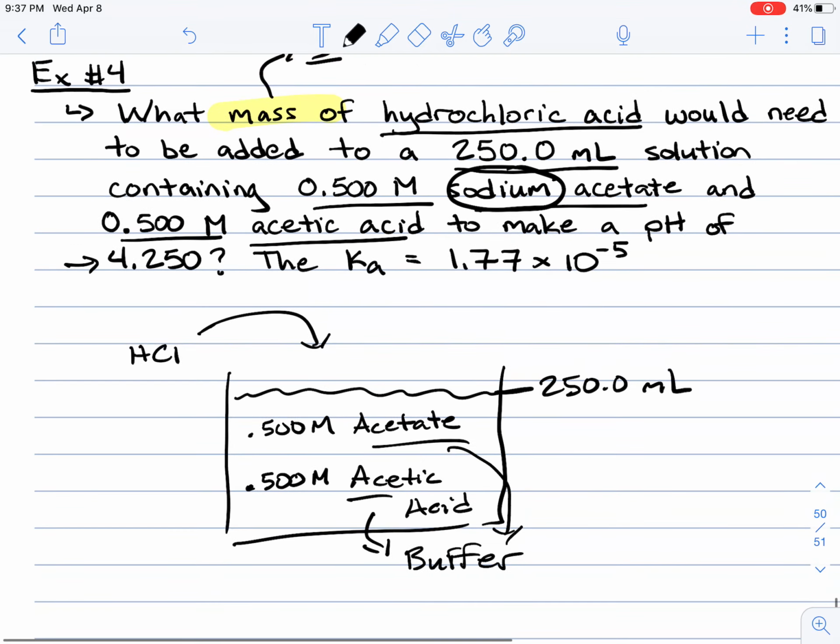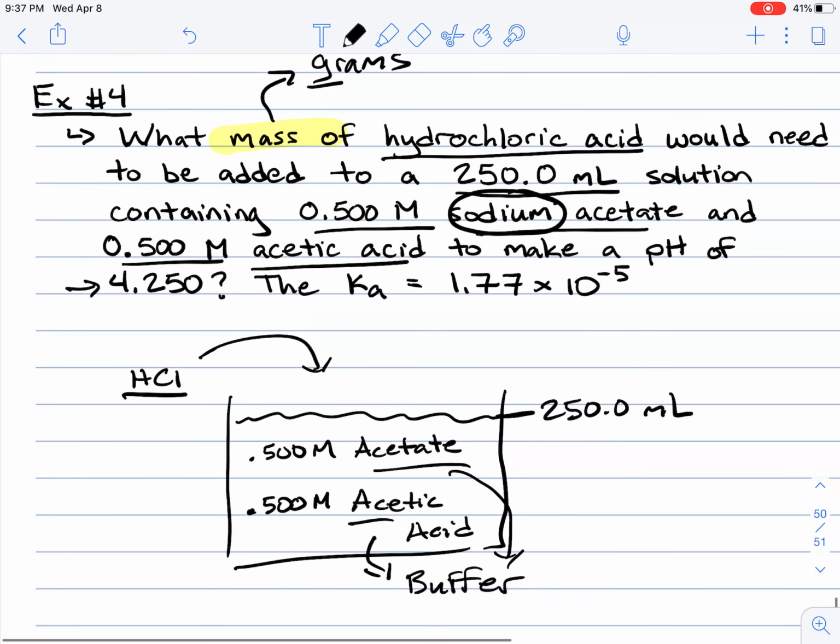Looking at what we have here, we're trying to address what mass of hydrochloric acid we would need to add to the solution. So what we're looking for is the grams of hydrochloric acid. Grams is something that we can measure out using a balance scale.